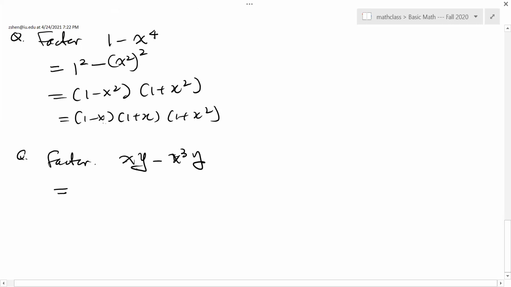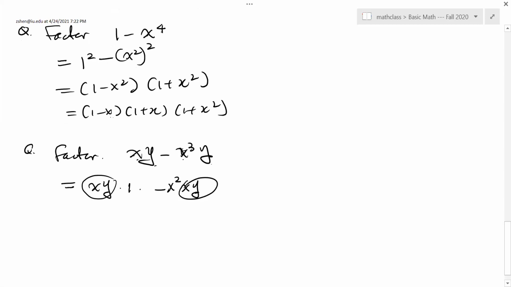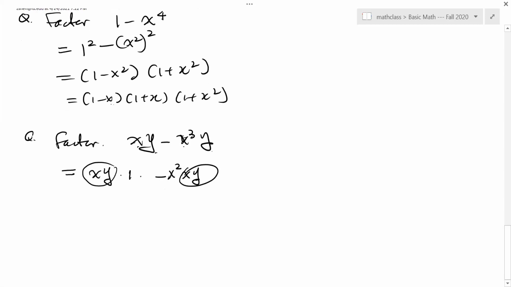Okay, so let's look at a common factor. Each term contains x, that's great. Each term contains y. So xy times 1 gives xy, then there should be x squared here, since x squared times xy is x cubed. But anyway, you get a common factor, x times y. So you take the xy out, and it's 1 minus x squared. Now Rebecca stopped here, but you can actually continue.